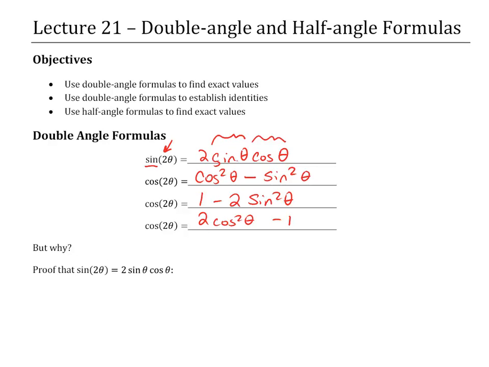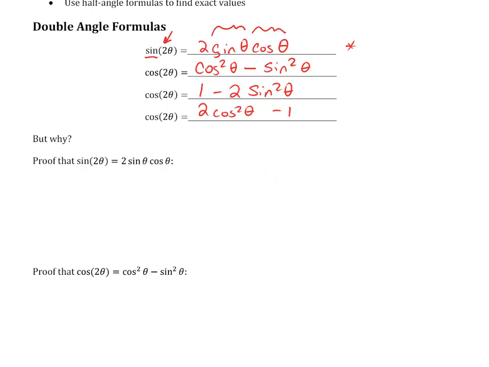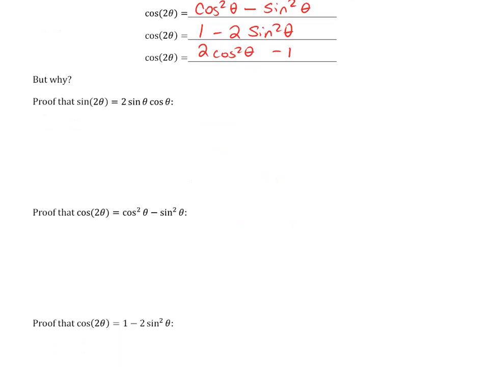Now, let's start with the first one. Why is sine of 2 theta equal to 2 sine of theta cosine theta? All you have to do to show this is to recall the sum formula. Remember that sine of alpha plus beta is sine alpha cosine beta plus cosine alpha sine beta.